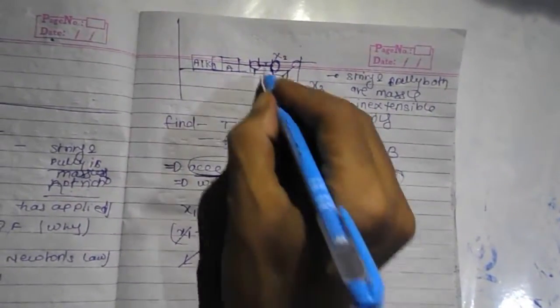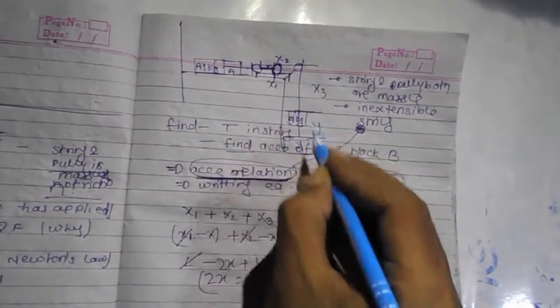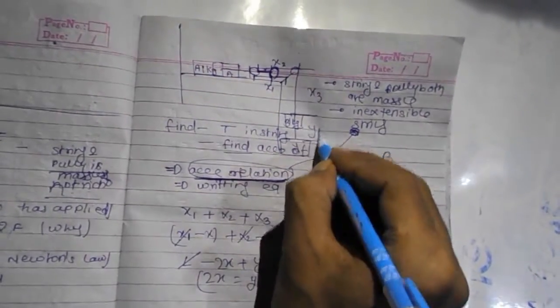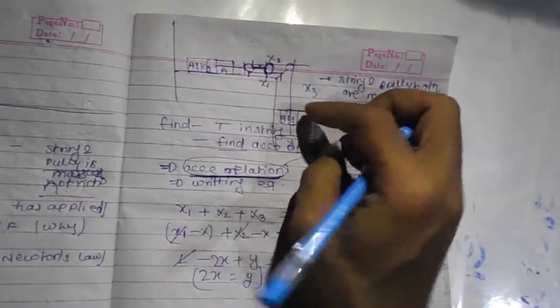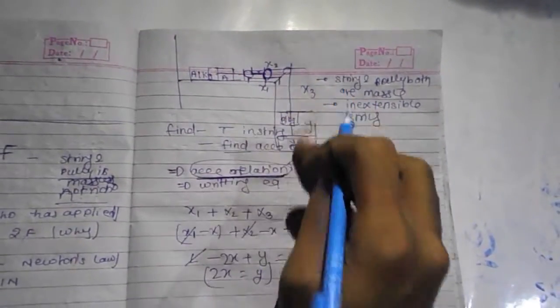This means if block A has traveled by amount x, then this will travel 2x, because this travels y and y is equal to 2x.